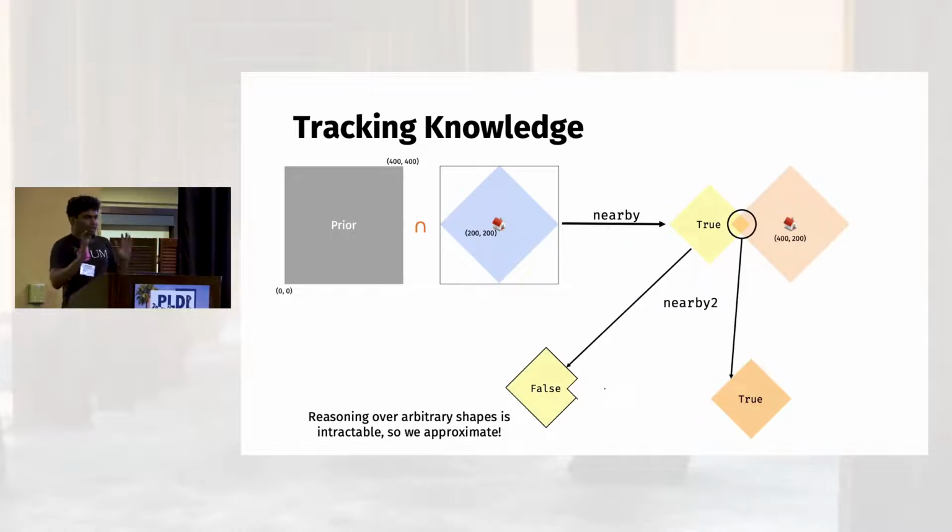Now, again, the new malicious query comes in, which is the 400, 200 locations query. This is again intersecting. Now, looking via the indistinguishable sets again, if you intersect those, you'll get 2 possible outcomes again, the false and the true outcomes. And if you look at this, reasoning over these shapes is becoming very tricky.